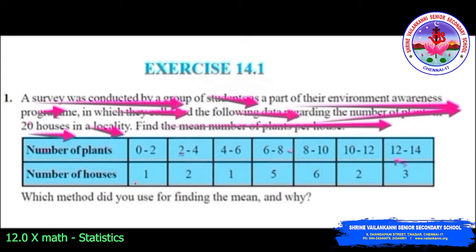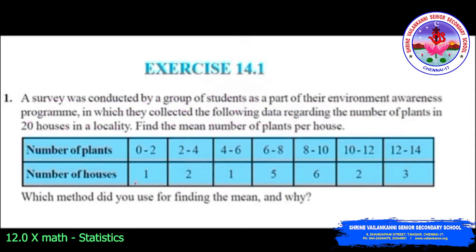The table gives the number of houses for each class of plants: 0 to 2 is 1, 2 to 4 is 2, 4 to 6 is 1, 6 to 8 is 5, 8 to 10 is 6, 10 to 12 is 2, and 12 to 14 is 3. We need to find the mean number of plants per house.